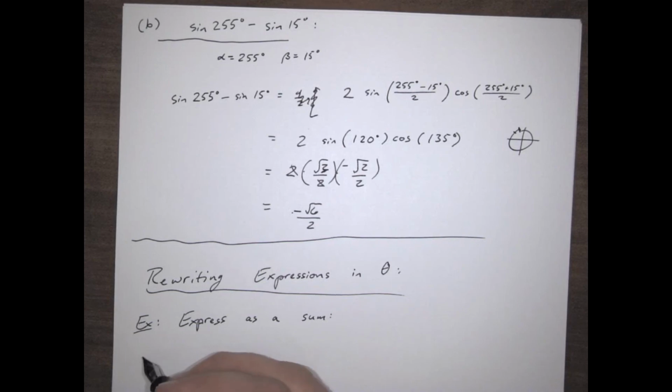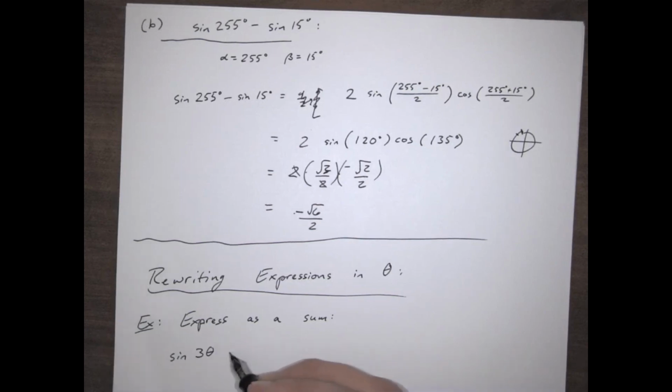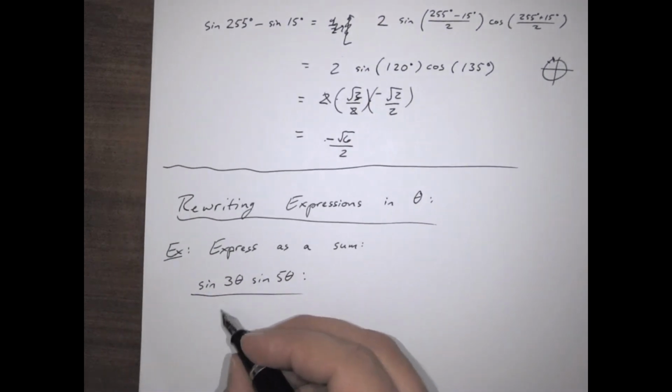And here we might have something like sine 3 theta, sine 5 theta. Okay, well this looks a little different, but really it isn't. And the way we will go about it is we just take what we're given and we just do the same thing with it as we would do ordinarily.